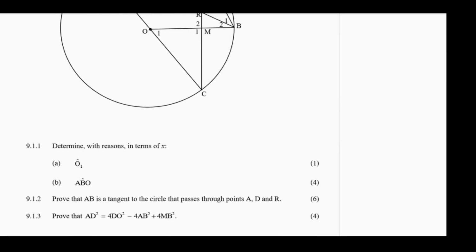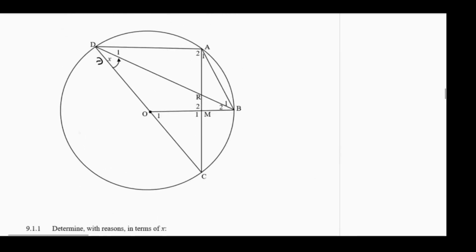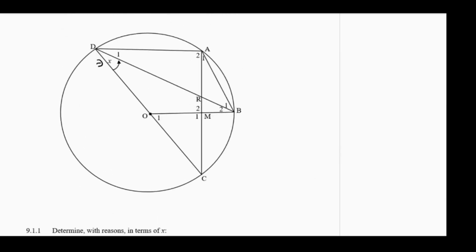So 9.1.1 says that we must determine, with reasons, in terms of X. So now we're going to do A, find the angle of O1. So as you can see from the diagram, this is O1, right? And if you see clearly, I'm just going to mark this point here.